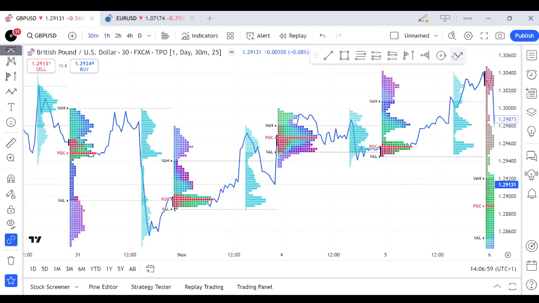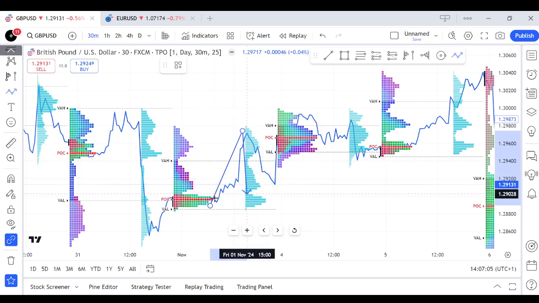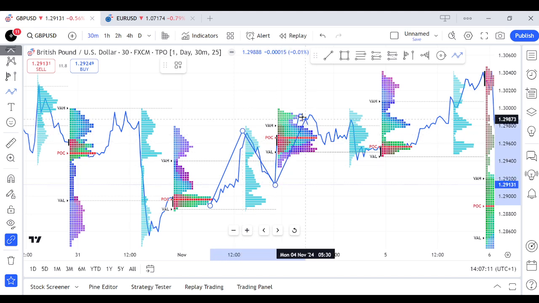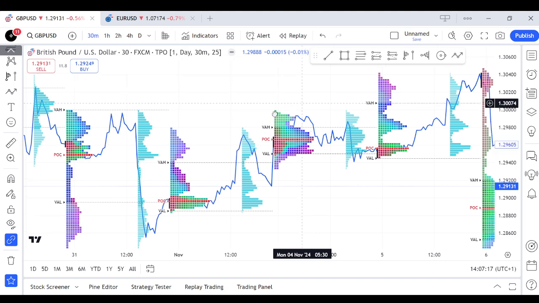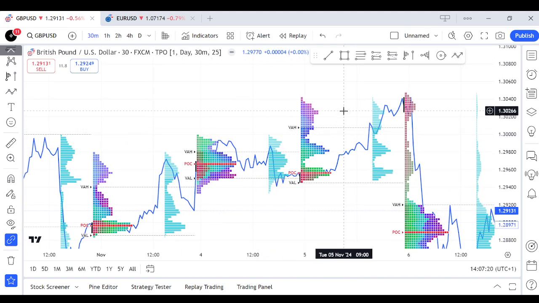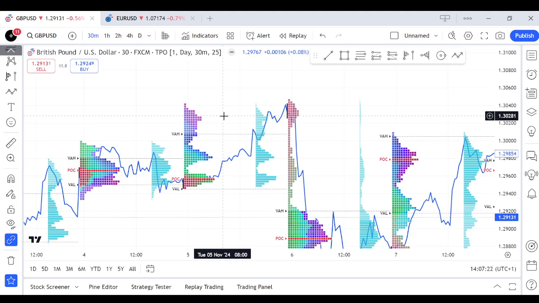For example, you can see price break the value area high here, and this reversion into the mean, which is just like a retest, something like that. And you can see price continue to give us movements to the upside, which is a bullish trend. So that is one way you can use the market profile.